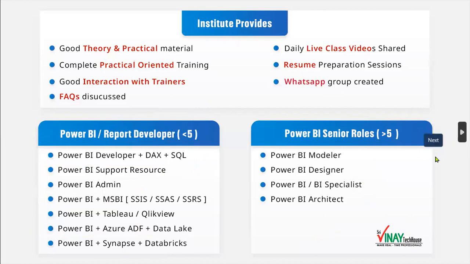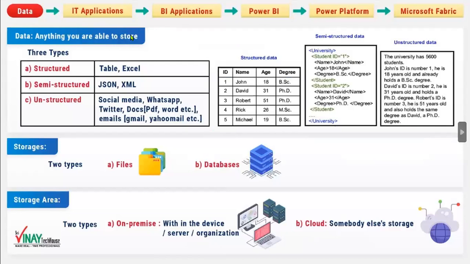And this is what I covered in the last class. And then I explained this hierarchy. What is data? What is an IT application? BI application, Power BI, Power Platform, Microsoft Fabric. Anything you are able to store is called data. We have 3 types of data in the IT industry: structured, semi-structured, unstructured.